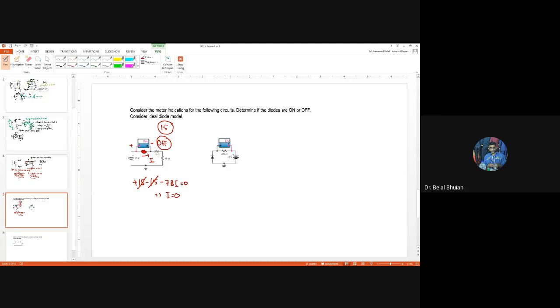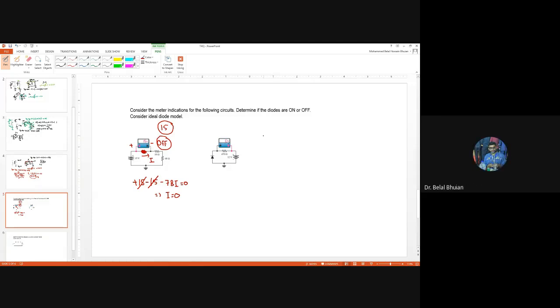Same way, we are asked to determine the conduction state of the diode. Tell me, what will be the conduction state of the diode? On, sir? How? Sir, if you apply the KVL... It's okay, no problem. You see, what is the voltage drop across the resistor? So zero.